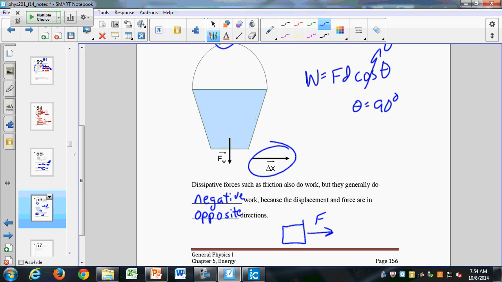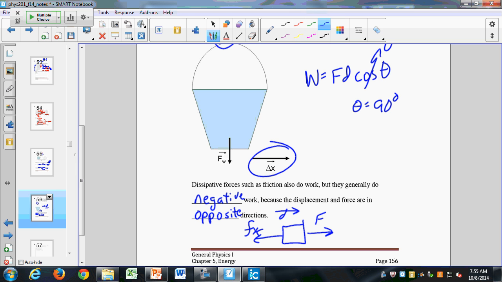It has one force in this direction and it has a frictional force in this direction. Let's say that my displacement, D, is to the right. Notice here that my displacement, which is to the right, is opposite the direction of the kinetic frictional force. So I would say that the work done by the kinetic frictional force is negative.